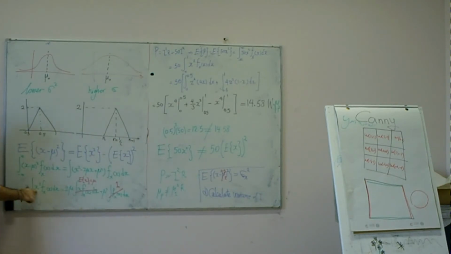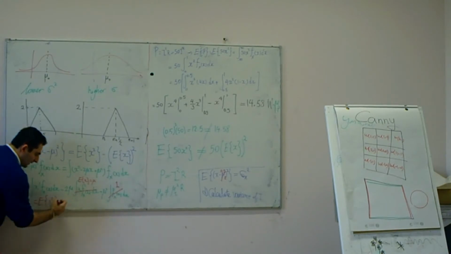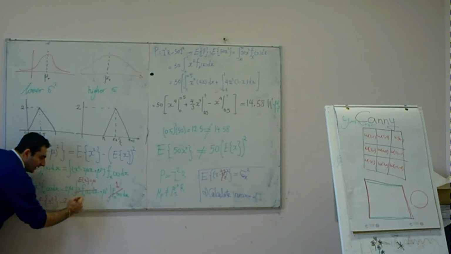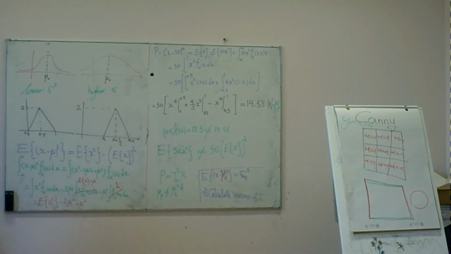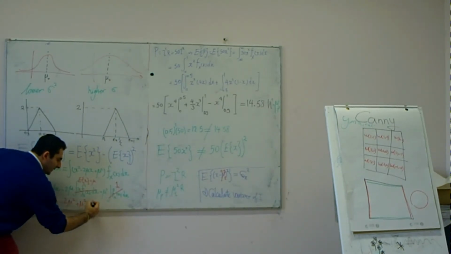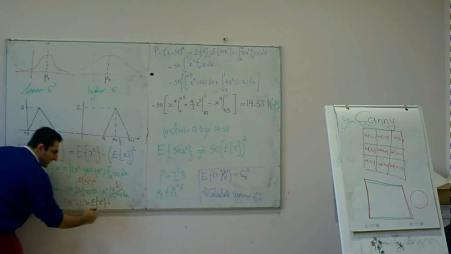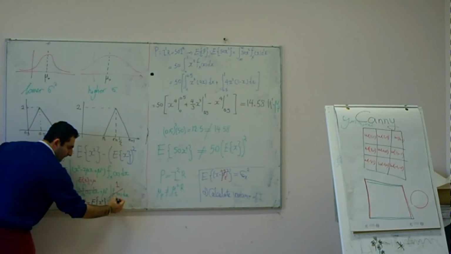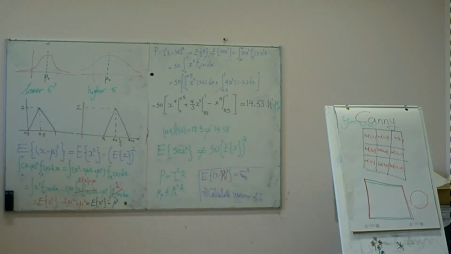What about this one, x squared f_X(x) dx? This is the expected value of x squared by definition, minus 2 mu multiplied by mu is 2 mu squared, plus mu squared, right? So what is the result? It is the expected value of x squared minus mu squared. The proof is done.